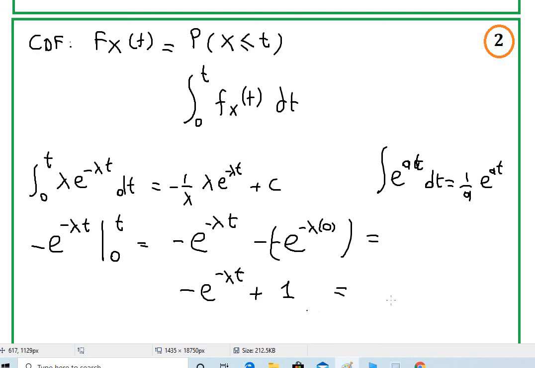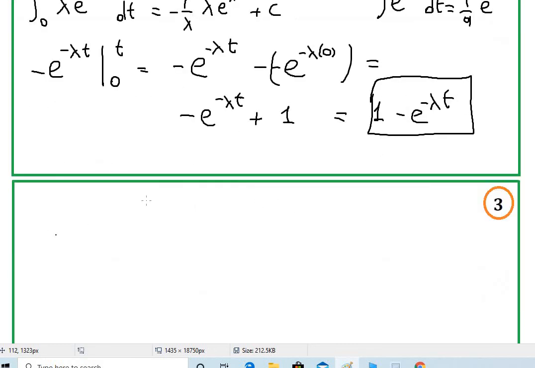If you reorganize this, it's going to be 1 minus e to the negative lambda t. And if you use the variable x, you can say 1 minus e to the negative lambda x. So this is our cumulative distribution function from 0 to infinity.